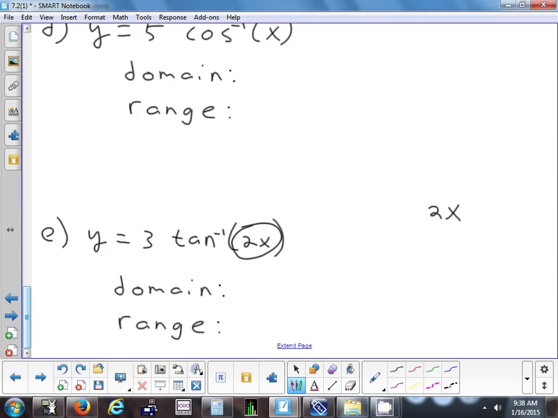What's my domain of tangent? The original. Think of the inverse function. Think about how far left and right that graph goes. Josh? Yeah, it's negative infinity to infinity.